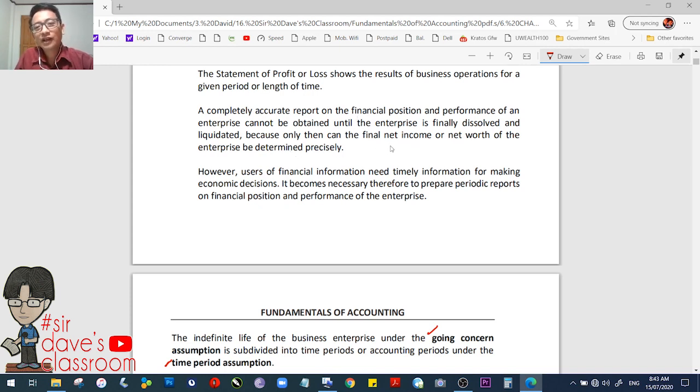Well, we do not have to dissolve and liquidate the business just for us to have an accurate picture of what is happening. Although we use estimates, such estimates are based on reasonable assumptions, and we need to prepare periodic reports in order to guide decision makers.